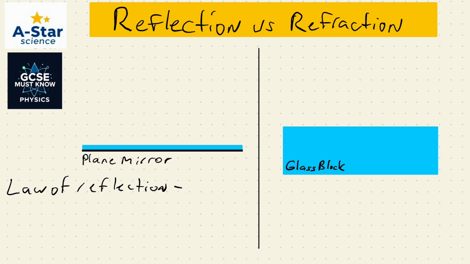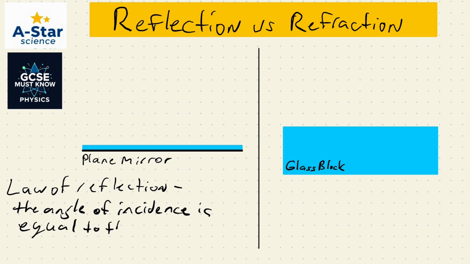The law of reflection says that the angle of incidence, and we'll talk about what that is in a minute, is equal to the angle of reflection. So we're going to draw a light ray.